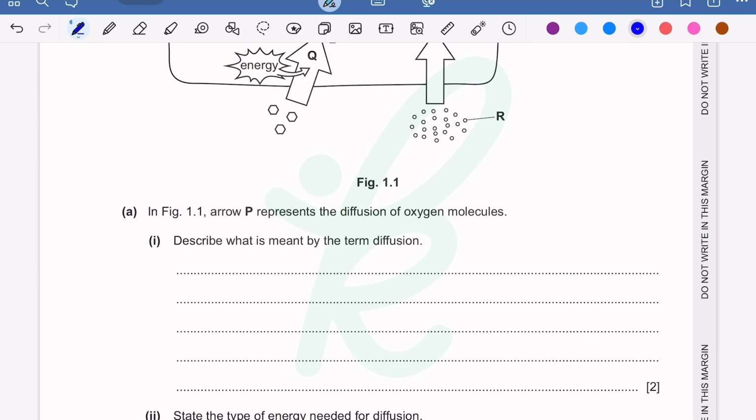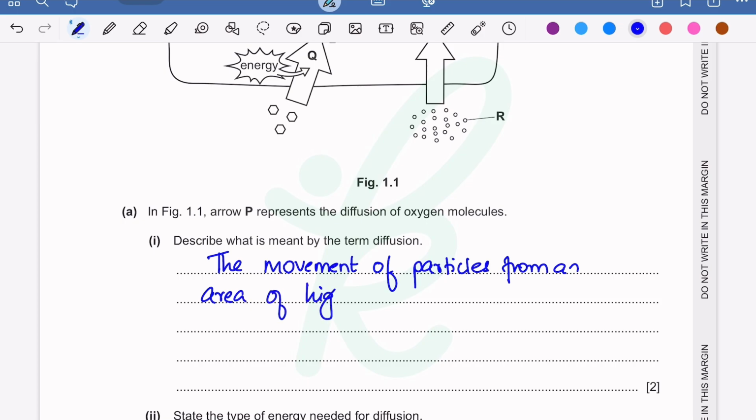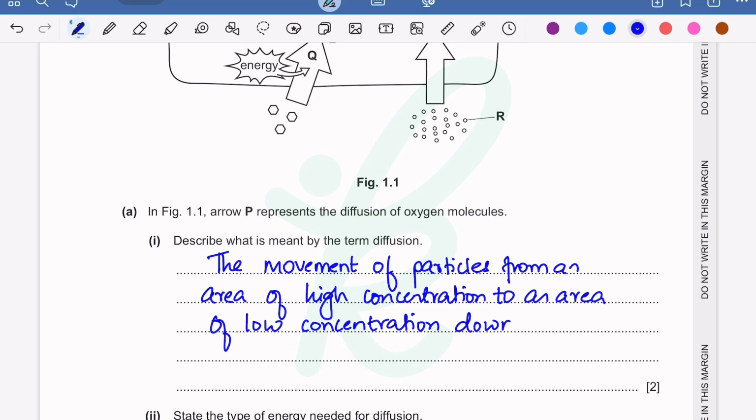So we can define diffusion as the movement of particles from an area of high concentration to an area of low concentration down the concentration gradient.